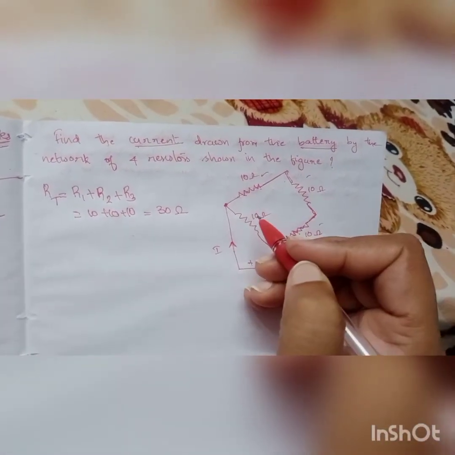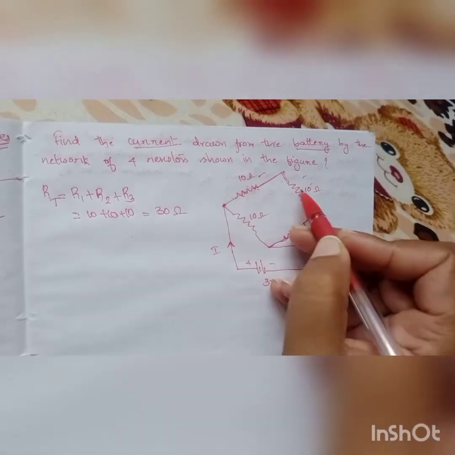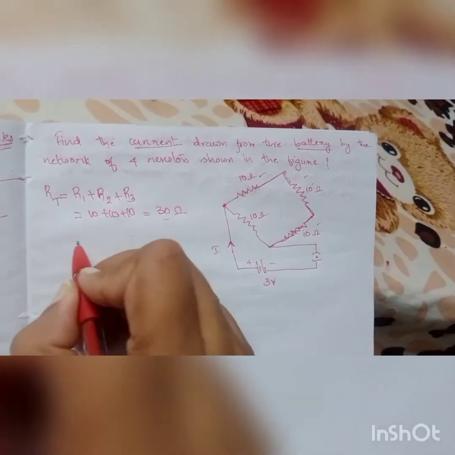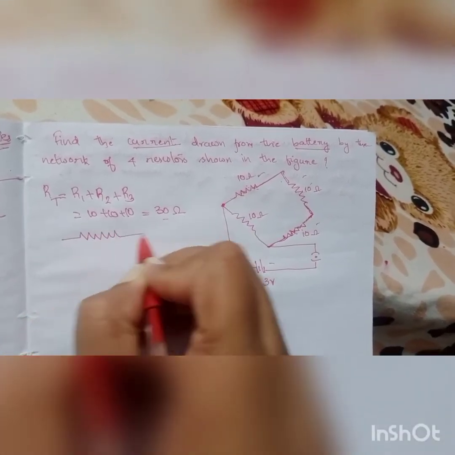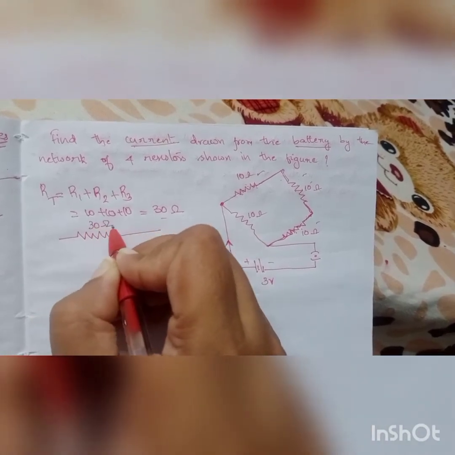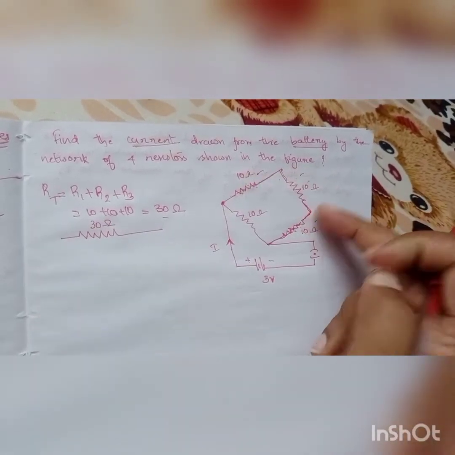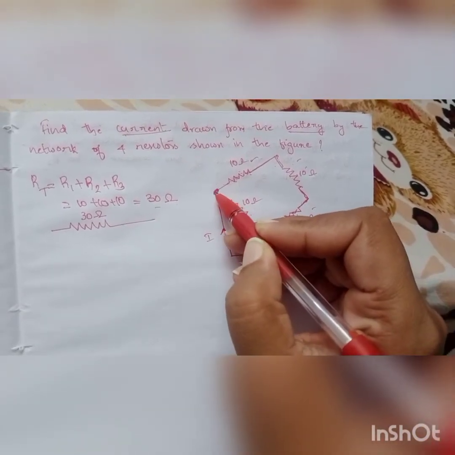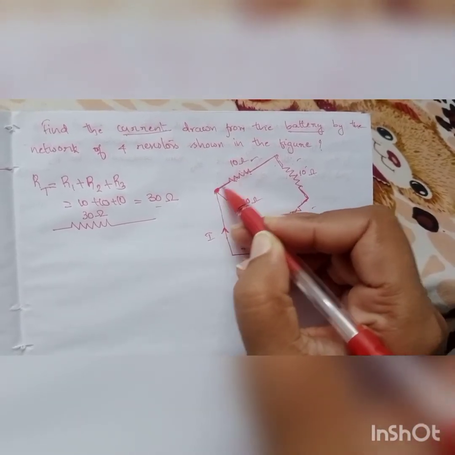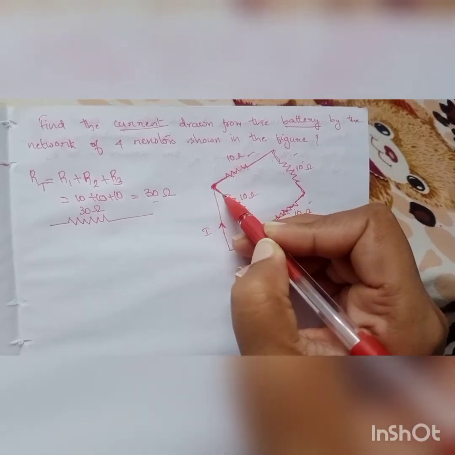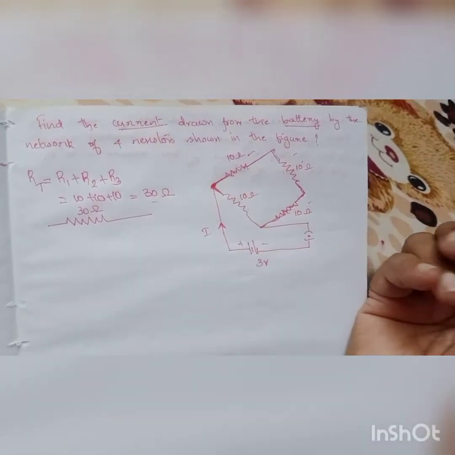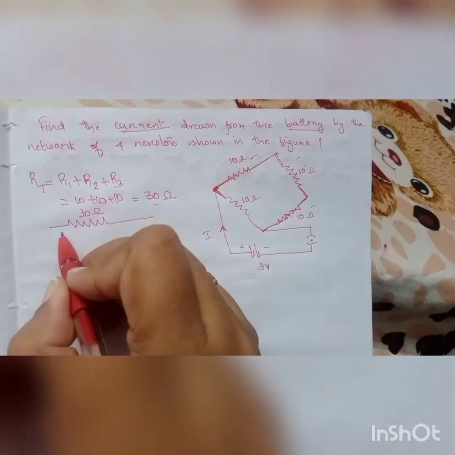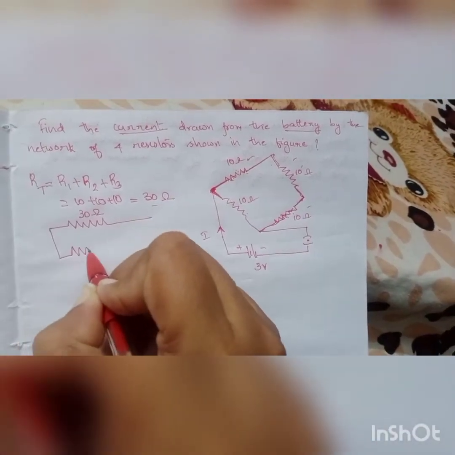Now let us redraw this diagram. We got the equivalent of these 3 resistors as 30 ohm, so let me redraw it. This is the 30 ohm, the equivalent of these 3. And how was this one connected? You can see this point, right? Here one resistor starts, and at this point another resistor starts, so they are connected in parallel.